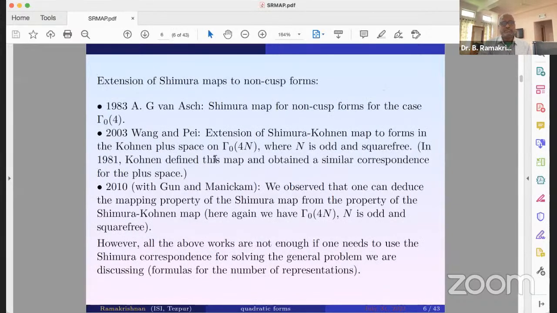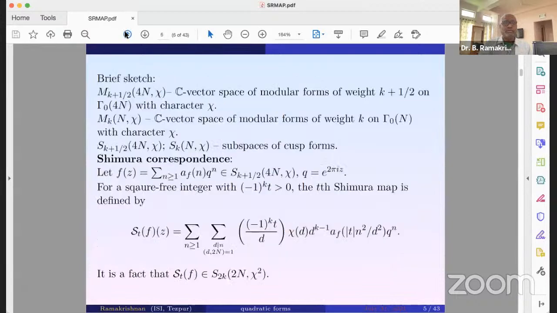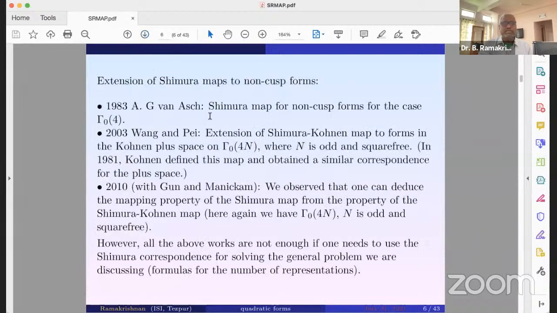Now the extension of Shimura maps: we need this extension because the cusp forms are not sufficient for us. We need to extend the map defined by Shimura to non-cusp forms. In 1983, Van Asch did it for Gamma_0(4), extending the map to non-cusp forms.